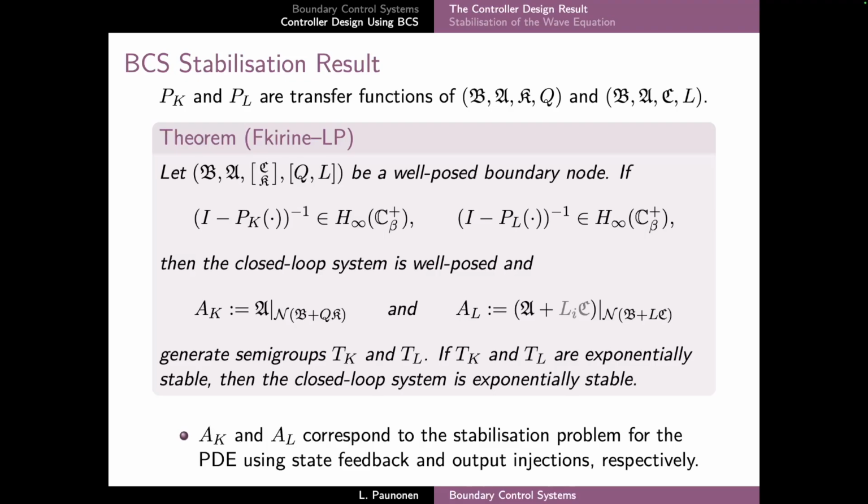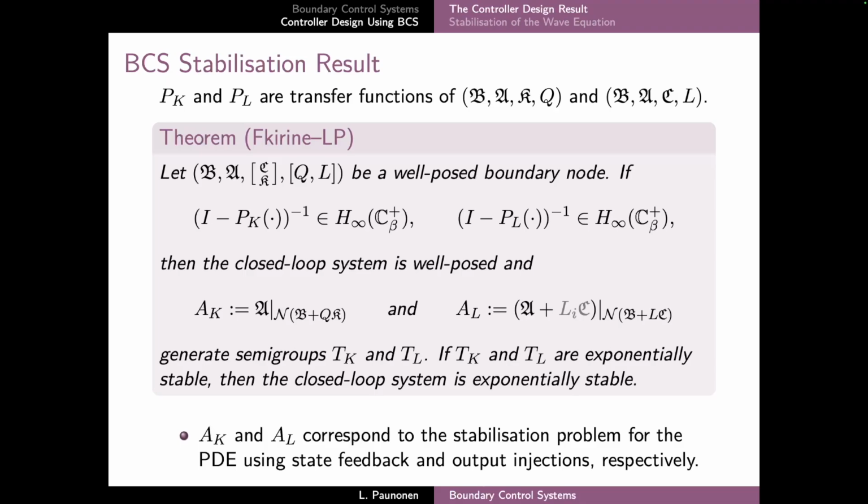And our main stabilization result there is as follows. We assume that we consider a well-posed boundary control system. In addition to the well-posedness of the original system, we assume that we also have well-posedness if we add the state feedback gain as an additional output of the system and the output injection as an additional input in the system.